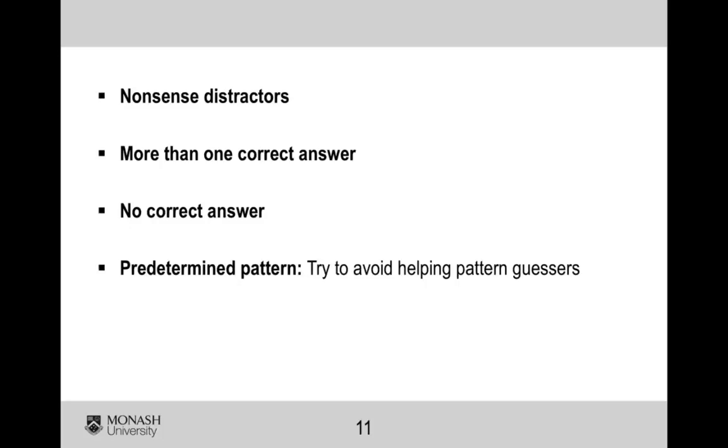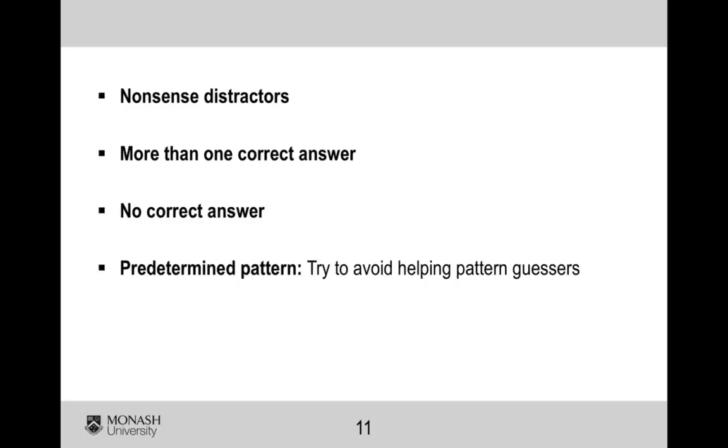Because there are so many nonsense distractors, students don't actually know the correct answer, but the test is saying that they do. So there's a validity issue there. Try to avoid nonsense distractors unless you have lots of distractors, so you have 5 or 6 distractors, and 1 nonsense distractor.